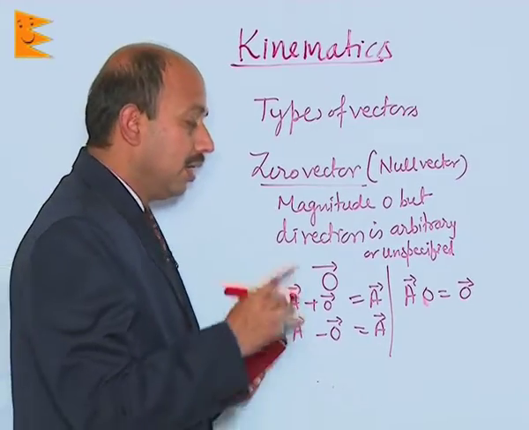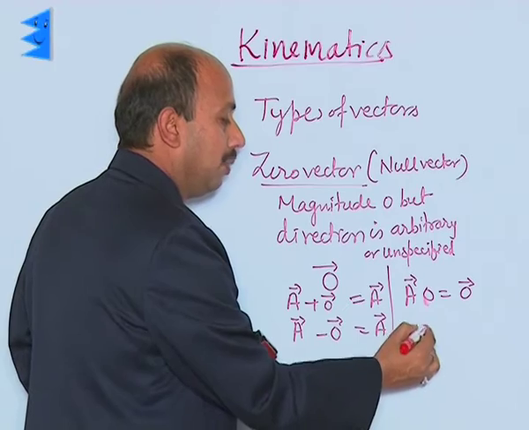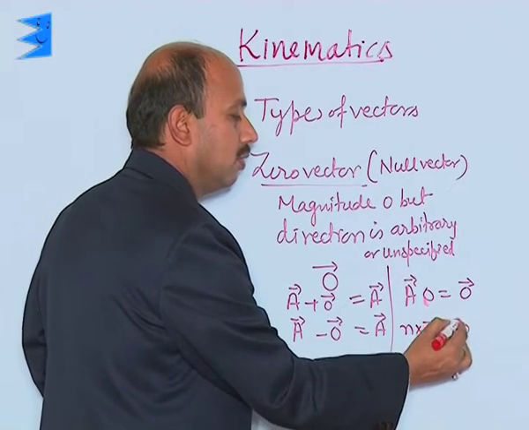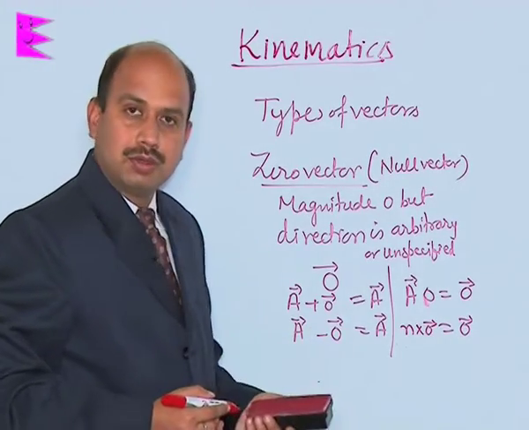If you take any number n multiplied by 0 vector, it is equal to 0 vector. So, these are the certain properties of the 0 vector.